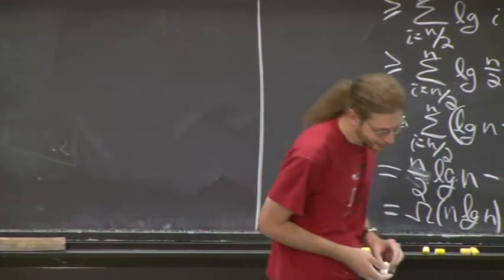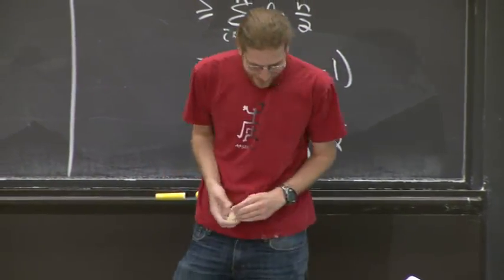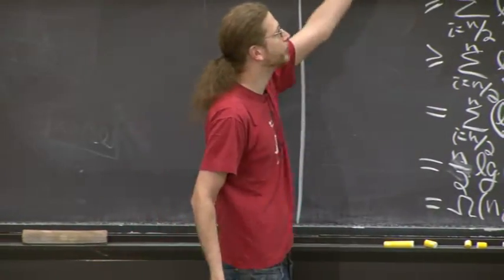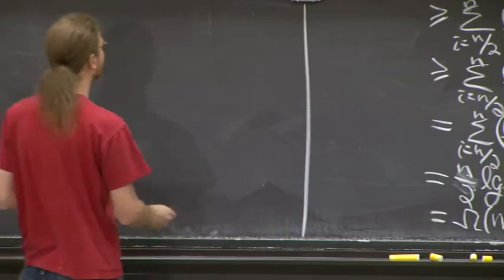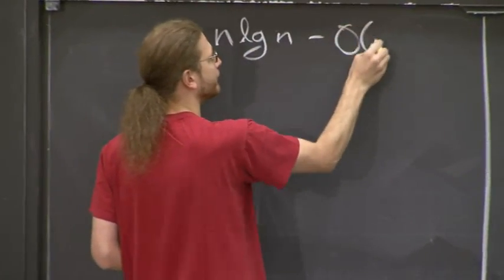Hope I got that right. Clearly, I've been studying. And you take logs of that, and you do the same thing, log of a product is the sum of the logs. And you end up with the right answer, which is actually n log n minus order n.